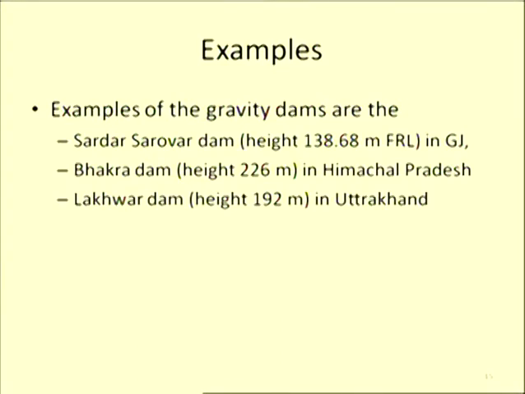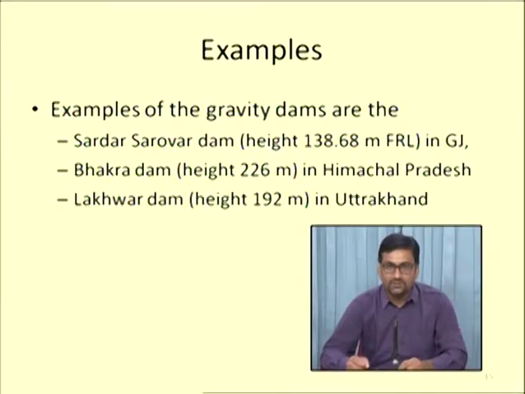These are some examples of gravity dams constructed in India. We are all familiar in Gujarat that the Sardar Sarovar Dam is called the lifeline of our state. Its construction facilitates drinking water in many parts of Gujarat, North Gujarat, Saurashtra and Kutch, and it irrigates lakhs of hectares of land in northern Gujarat and Saurashtra.